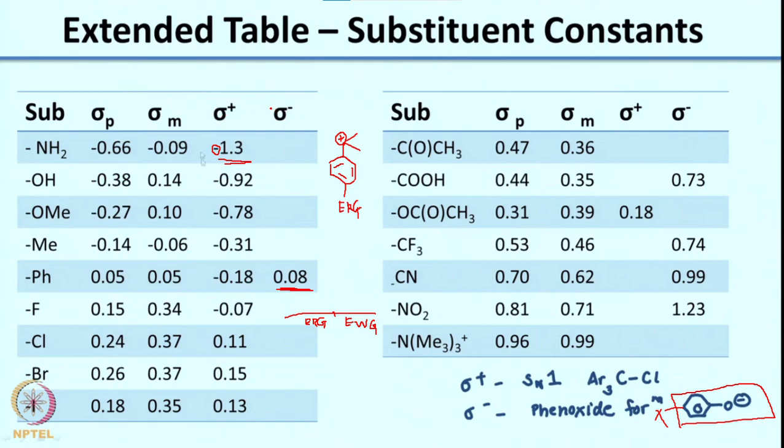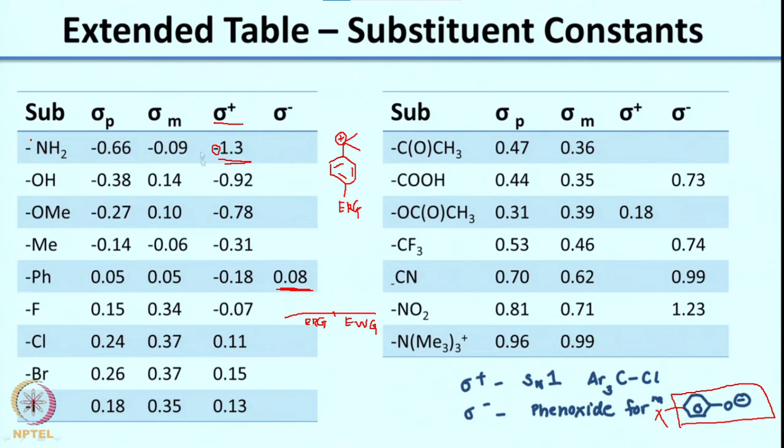So as I told you, sigma plus is showing that electron releasing group presence increases the stability of the carbocation formation at alpha position. This is an SN1 type of reaction. So that means sigma plus is giving a Hammett value for SN1 reaction, right?